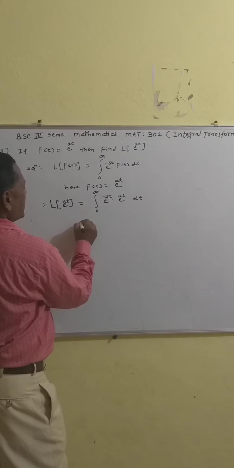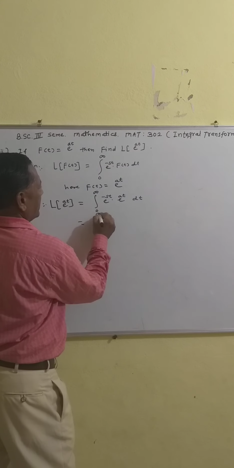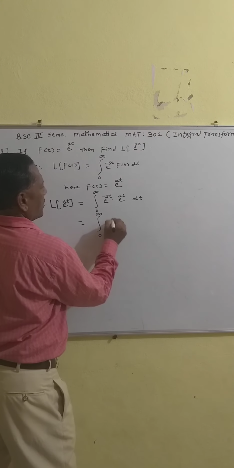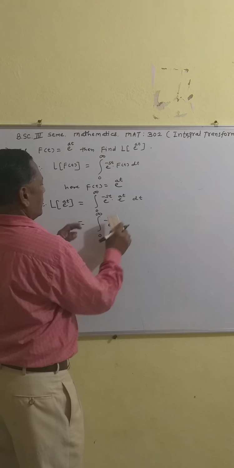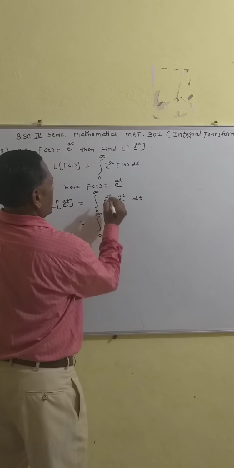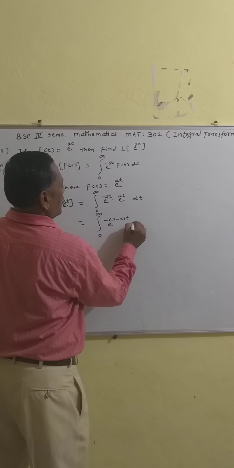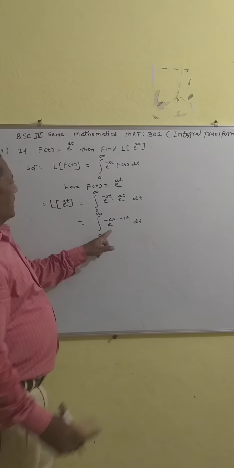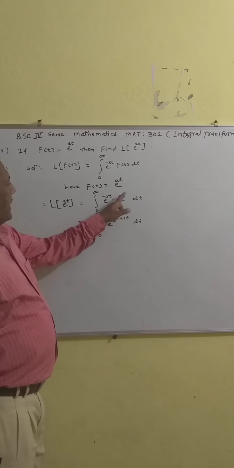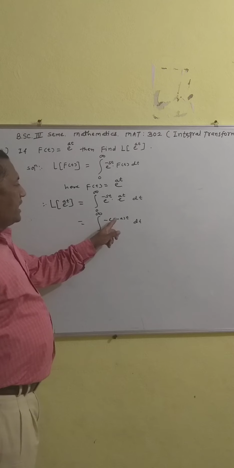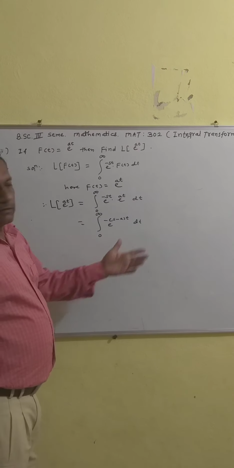So this can be written as the integration from 0 to infinity of e raised to minus (s minus a) into t dt. Here s is a parameter, a is a constant, so s minus a is again a constant.